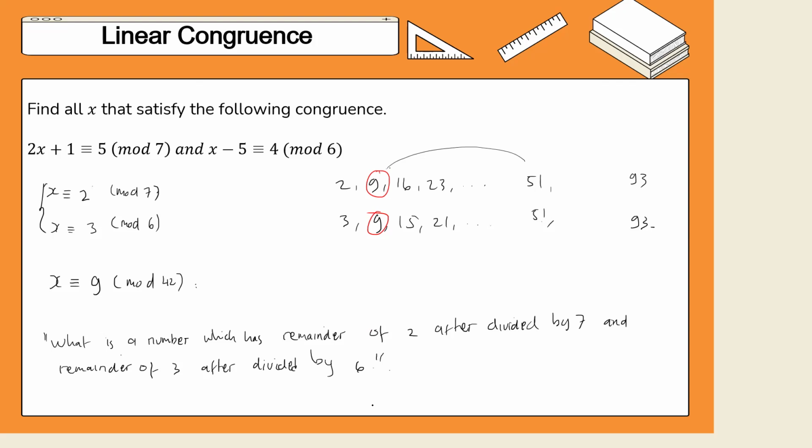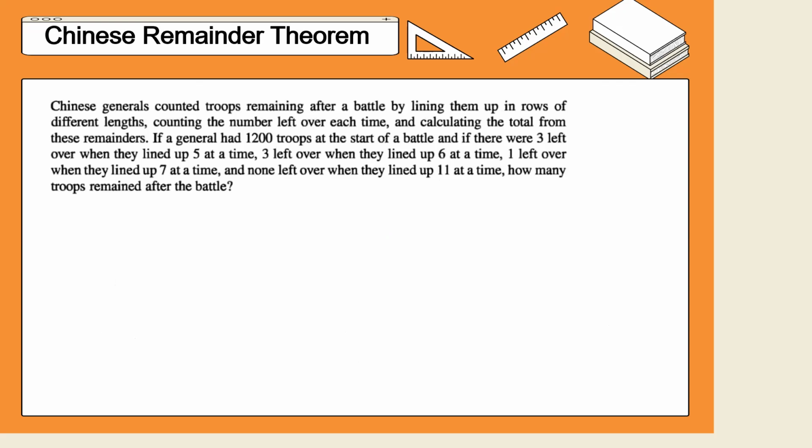So this is the same problem as this, but this one we wrote in congruence notation. Usually the problem is related to this: you're given a problem where you have to guess what number it is, but you're given the clue, the remainder when divided by something. Someone came up with a theorem to solve this problem efficiently.